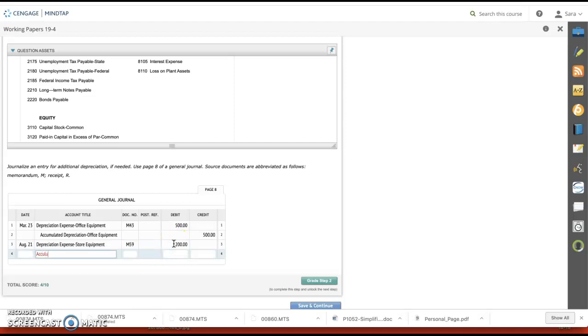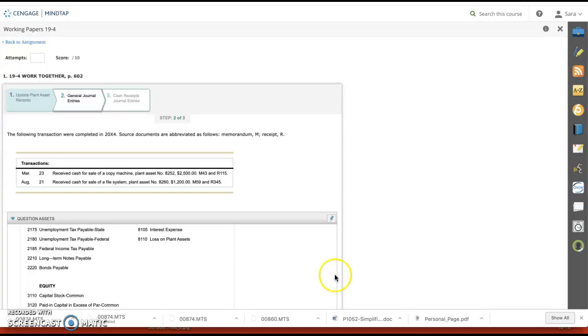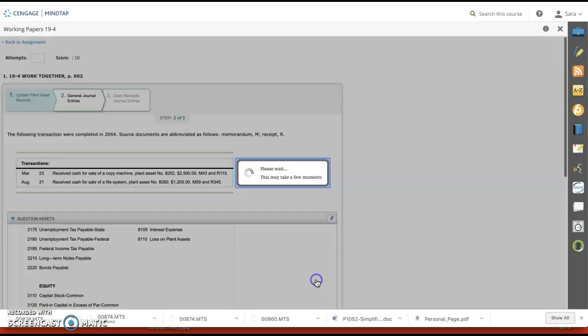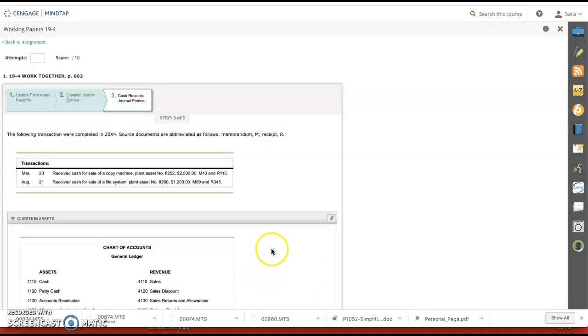And then accumulated depreciation dash store equipment, $200 in the credit. Go ahead and grade that. Perfect. Okay.